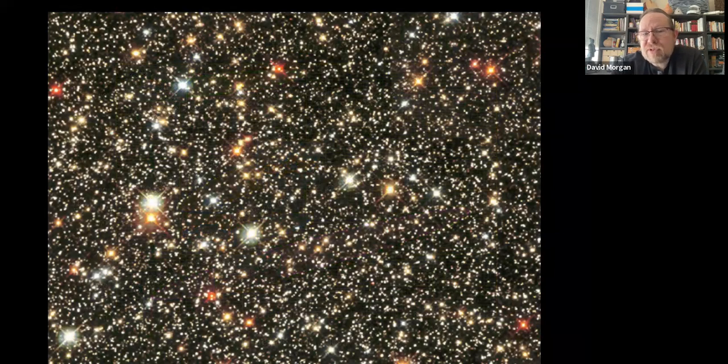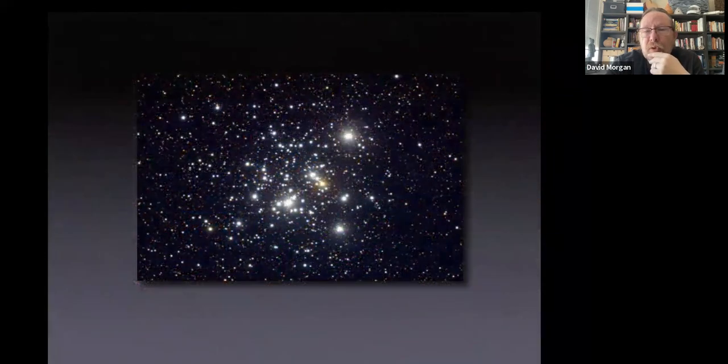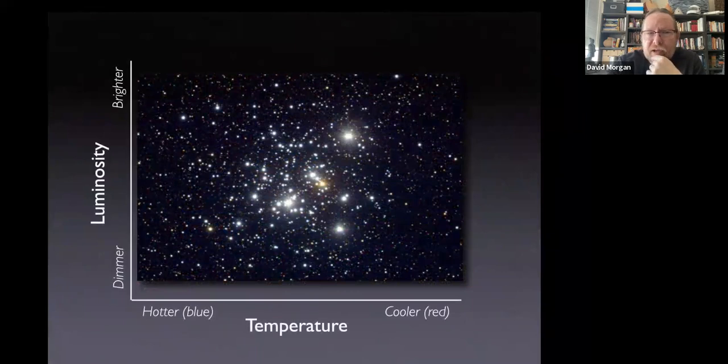We look at stars, we see two quantities that vary. One is their temperature or their color. The other is their brightness or their luminosity, how much light they really give off. And we look at thousands of stars, and we measure these properties, and we put them on a graph. The way this is traditionally done is luminosity goes on the vertical axis.